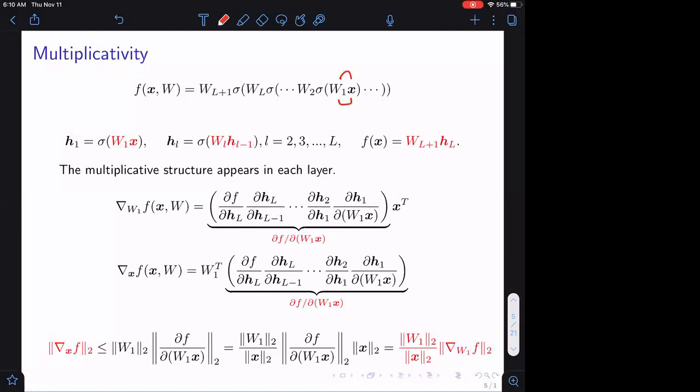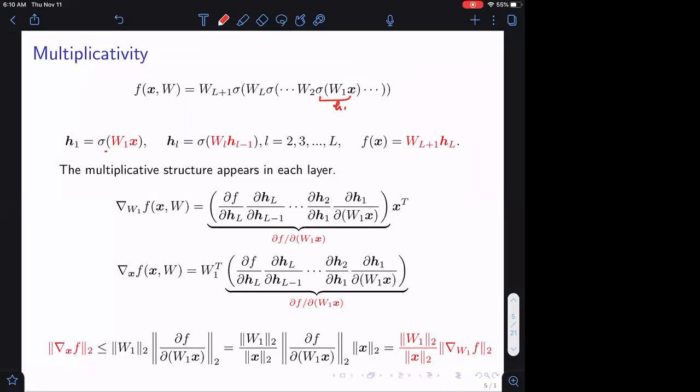In fact, this slide essentially explains the main idea. In order to explain it, it's useful to introduce some intermediate variables. For example, I'm going to introduce a variable called H1. H1 is the activation function sigma applied to W1 X. This is called the data at the first hidden layer.